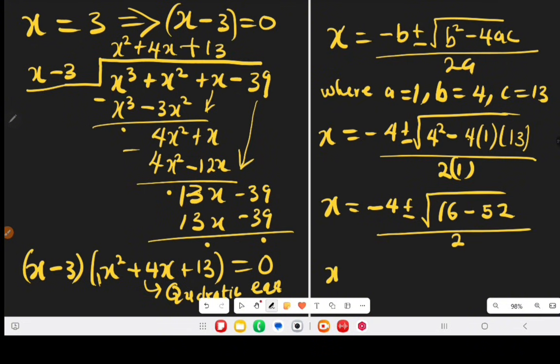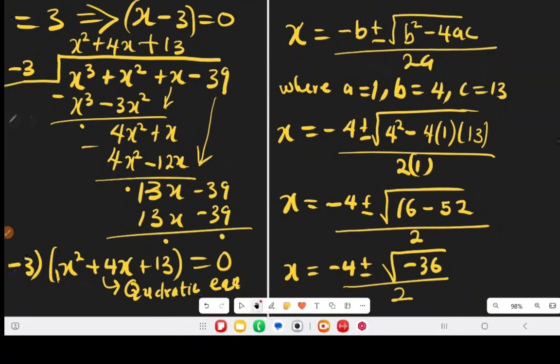We continue. x is equal to minus 4 plus or minus 16 minus 52 will give us minus 36, square root of minus 36 all over 2. Then we continue.